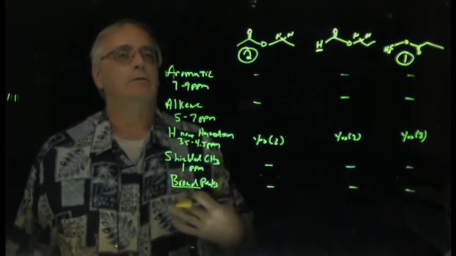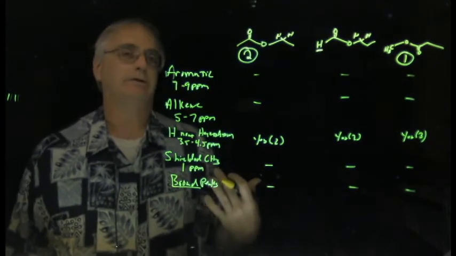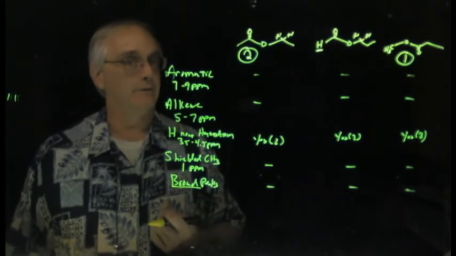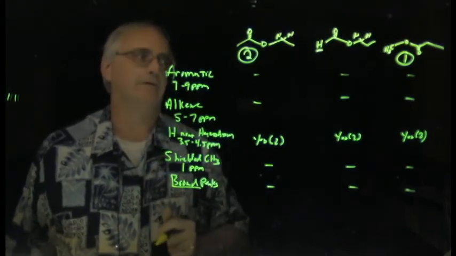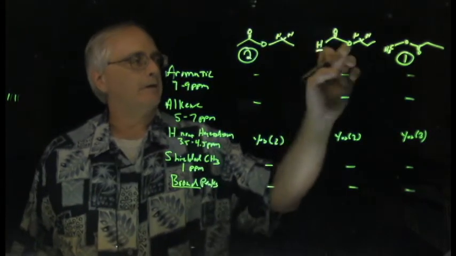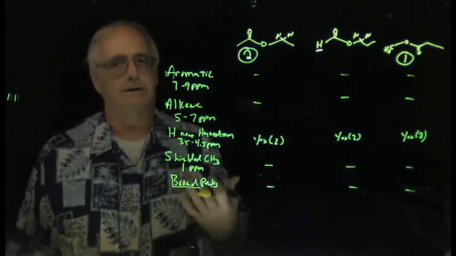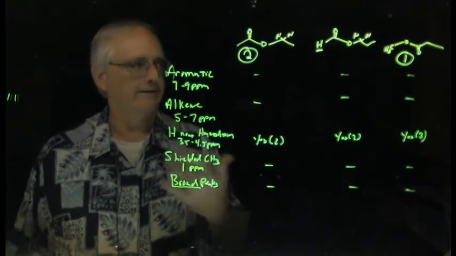And that is going to be almost certainly downfield. Traditional aldehydes are usually somewhere in the neighborhood of 9 ppm, right at the top of the aromatic region and sometimes just outside it. This one here, being a part of this ester, you can guesstimate somewhere between 8 to 10 ppm.